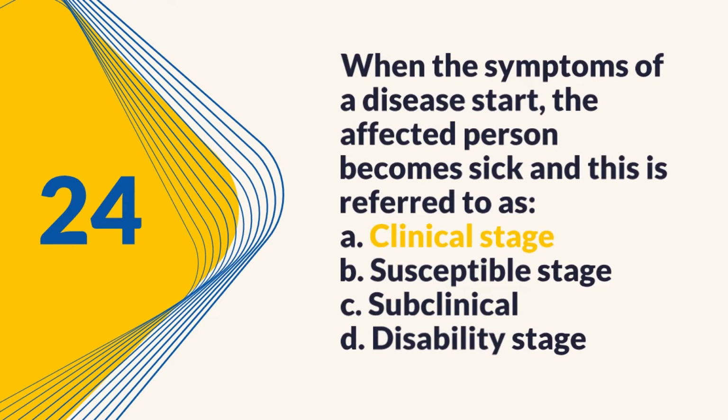The clinical stage is when symptoms of a disease become apparent, and the person is visibly sick. The susceptible stage, B, precedes disease onset, the subclinical stage, C, involves asymptomatic infection, and the disability stage, D, follows when the disease causes significant impairment. So, the correct answer is A, clinical stage.